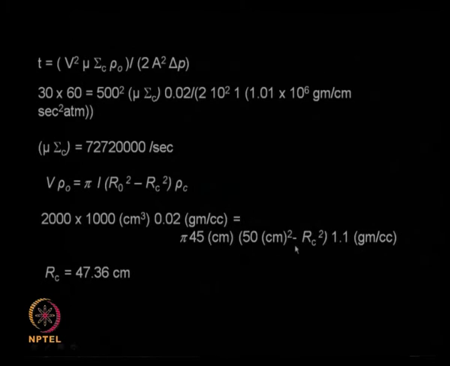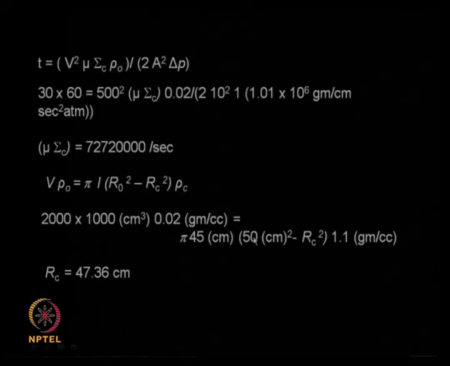Okay. Why do you need this RC? We need this to calculate the time required to process 2000 liters of the slurry in a basket centrifugal filter, because that is not given in the problem, only the radius of the centrifuge basket is given actually.